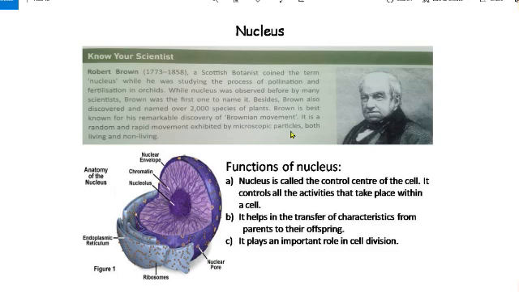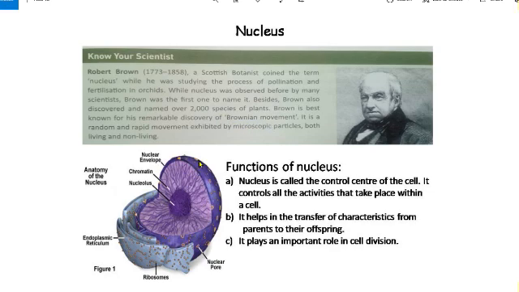Microscopic particles means which we cannot see through naked eyes. So these very small particles show a movement, different movement, random and rapid movement, and he has named this movement Brownian. Movement is named after the name of scientist, and that's why Brownian movement.